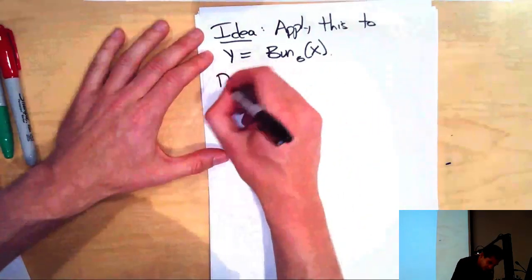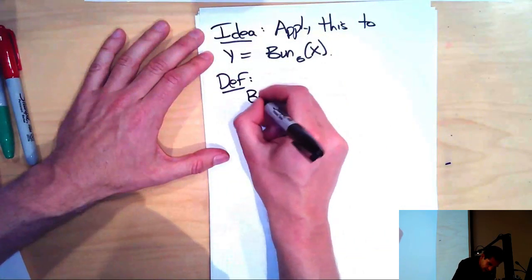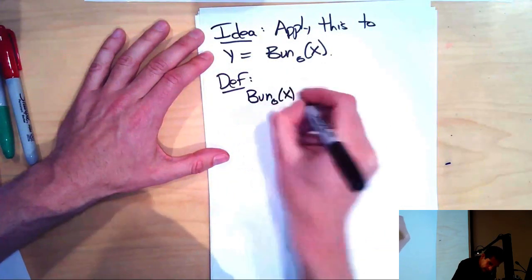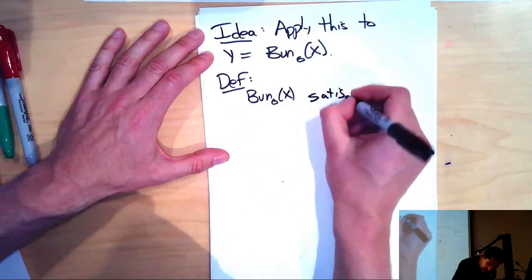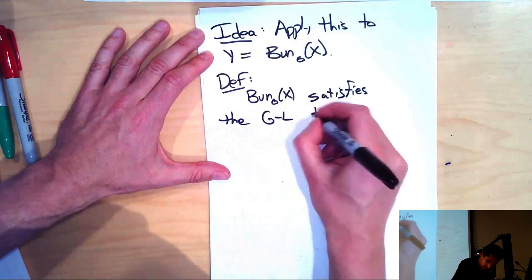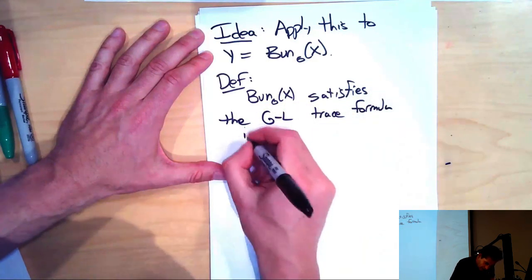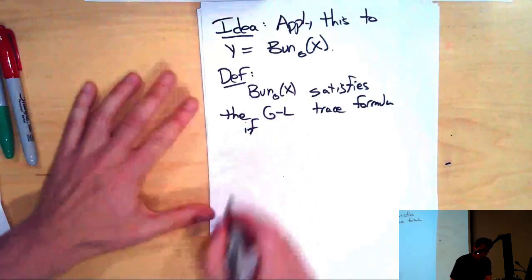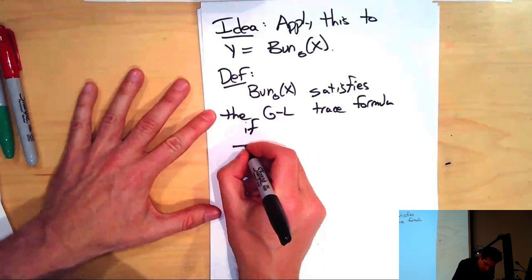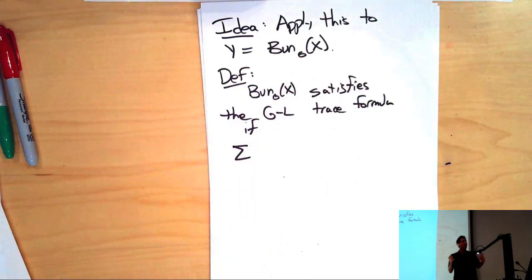Definition: Bun_G X satisfies the Grothendieck-Lefschetz trace formula if, well, it should tell us something about the number of points of Bun_G X over Fq, but now I mean number of points interpreted in the earlier sense.